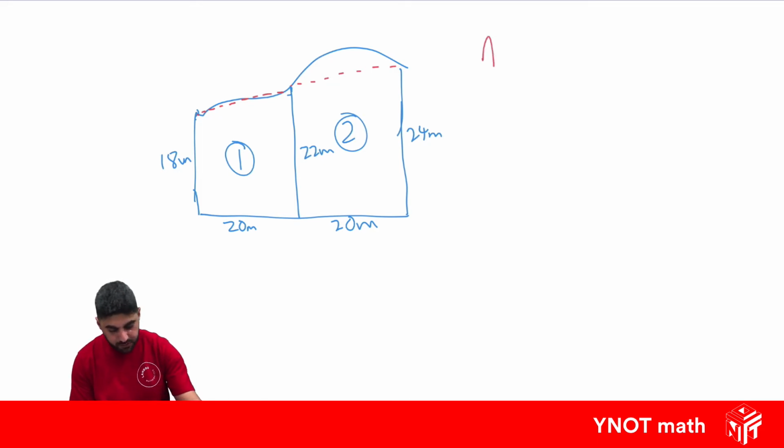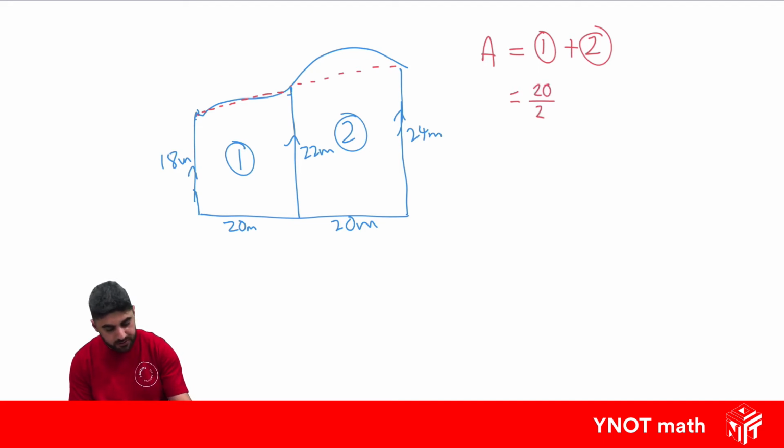So let's do our working out. The area is going to be the area of 1 plus the area of 2. For the first one, always the parallel sides are going to be the DF and the DL. So these are all the parallel sides. And the height is going to be the thing that joins the parallel sides together. So our height is 20.